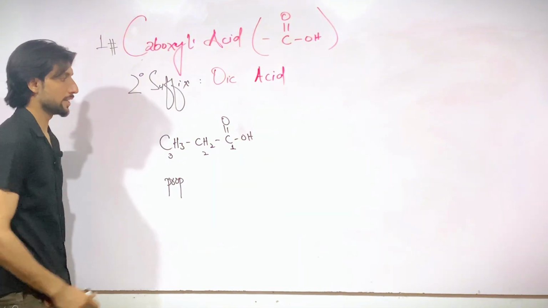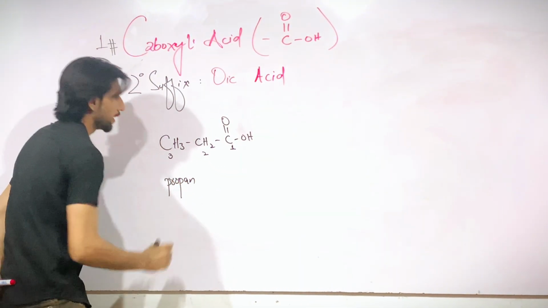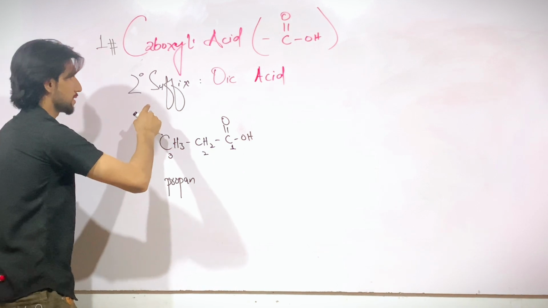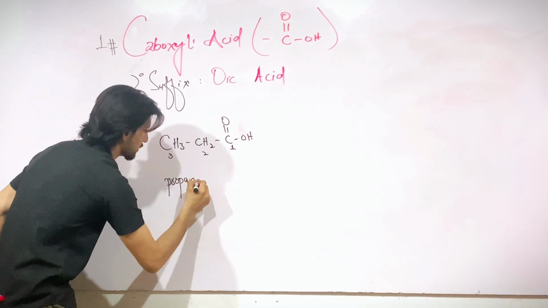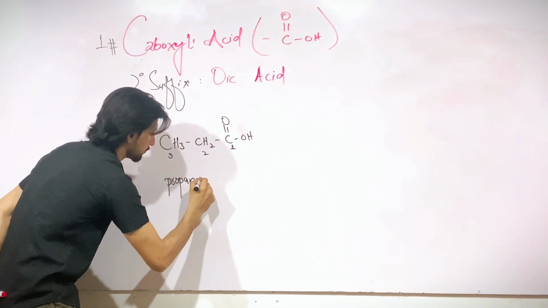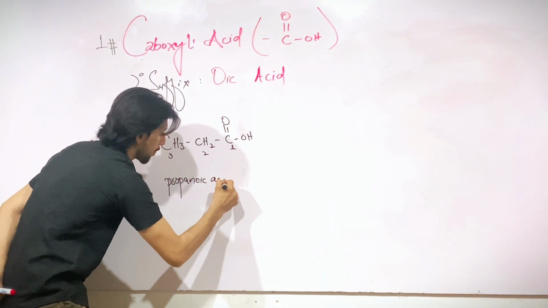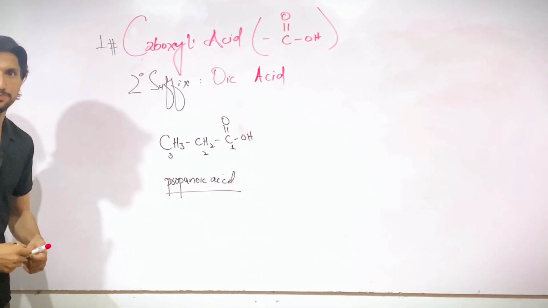Here we see no unsaturation, so "an", and the suffix, the signature for this molecule, is "oic acid". So this becomes propanoic acid.